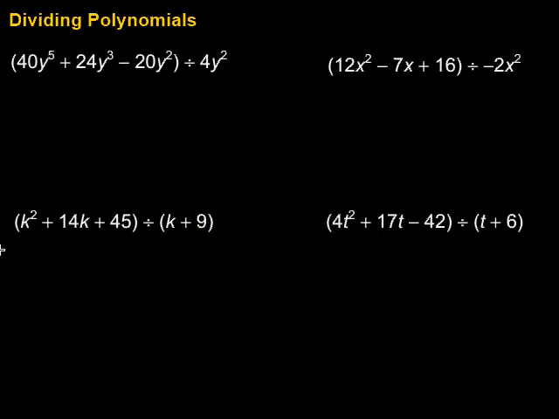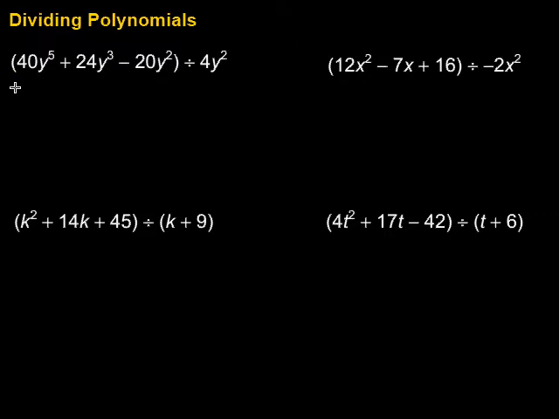Okay, so let's start at the top here. When we have a polynomial, any polynomial, it could be 5 terms, it could be 2 terms, any of those, and we're dividing by a monomial, what we're going to do is divide each piece by that monomial.